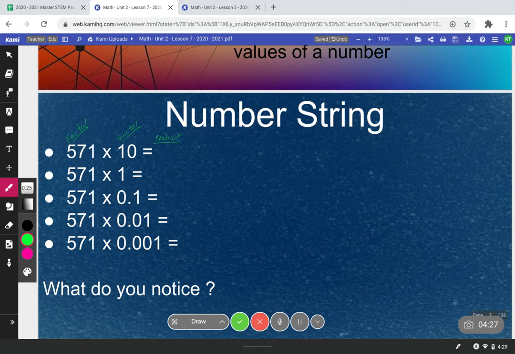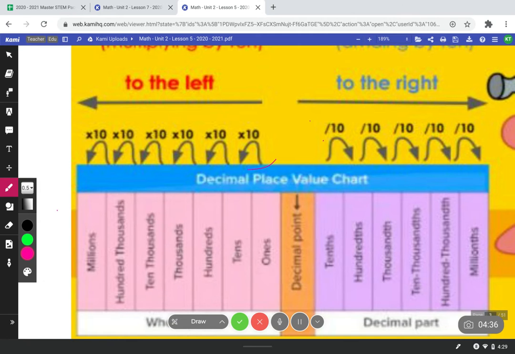Well, let's go ahead and just try and solve these. So 571 multiplied by 10. Well, if I go here, I know I'm going to increase my place value by 1.